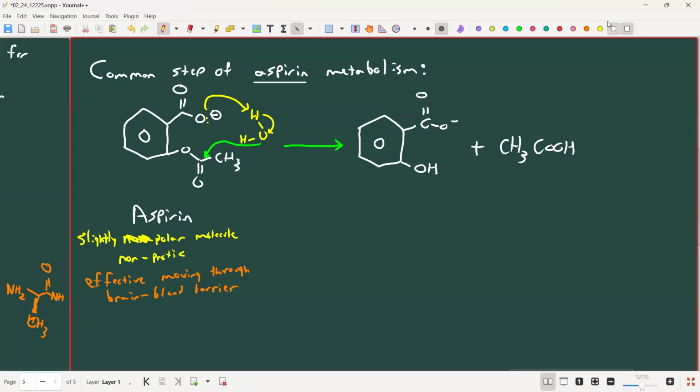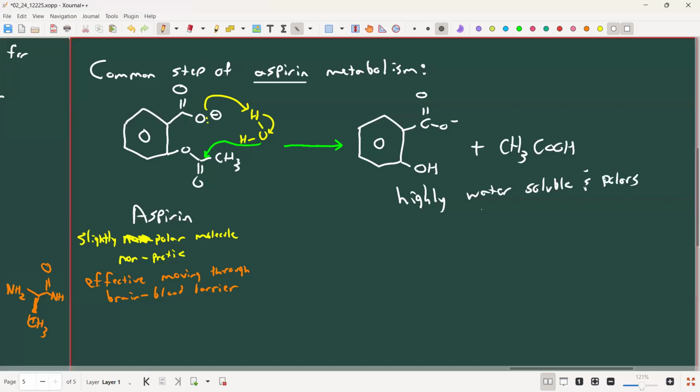And the products are both highly water soluble and polar. The one thing your body loves to do with highly water soluble and polar molecules is pee them out. They get excreted as salts. So this is how your body breaks down aspirin. It hydrolyzes it to benzoic acid, phenol, and acetic acid, and these things just come out of your bloodstream into your urine.